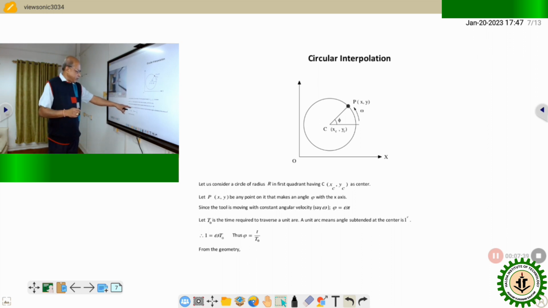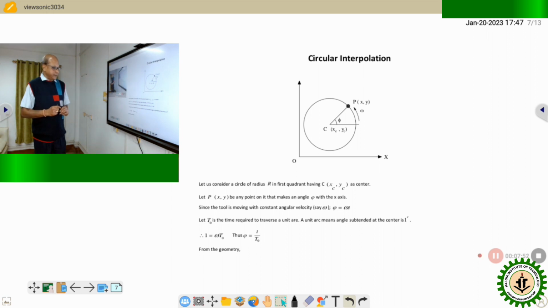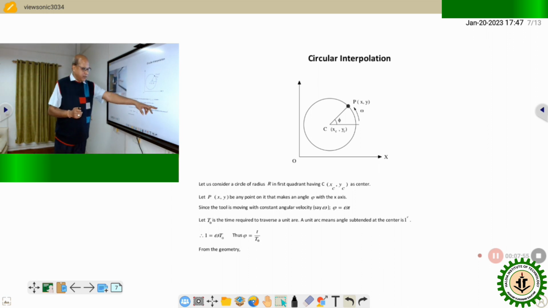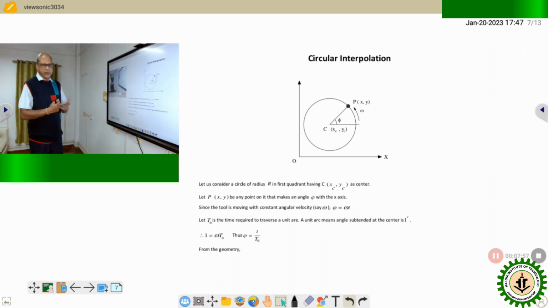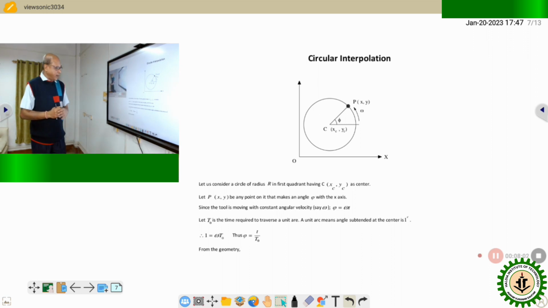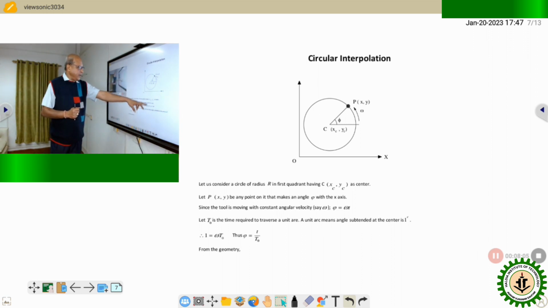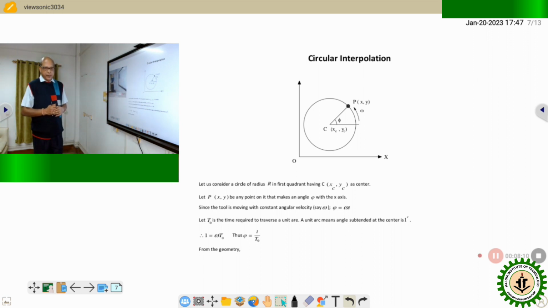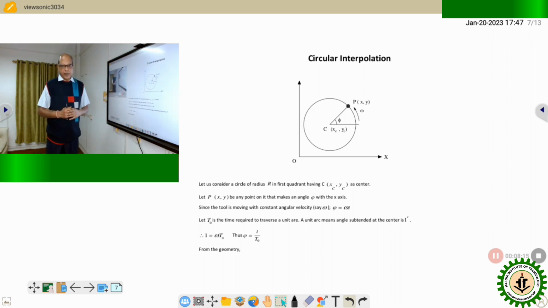Let us consider t0 is the time required to traverse a unit arc. What is a unit arc? A unit arc is basically the angle subtended at the center which corresponds to 1 radian. If you convert, 1 radian will be approximately 57.3 degrees. Since it is moving with a constant velocity omega, we can write the angular displacement phi equal to omega into small t, if t is the time required to generate angle phi at the center.